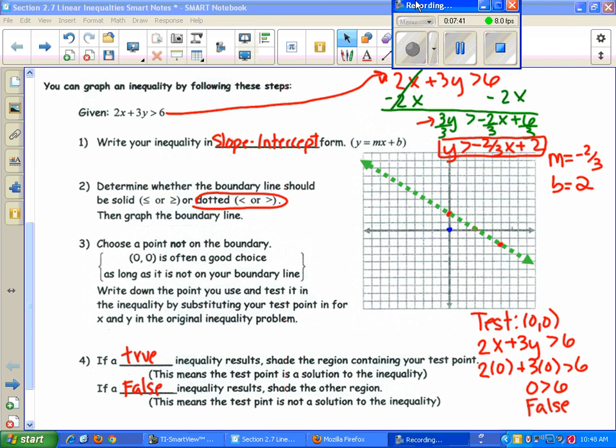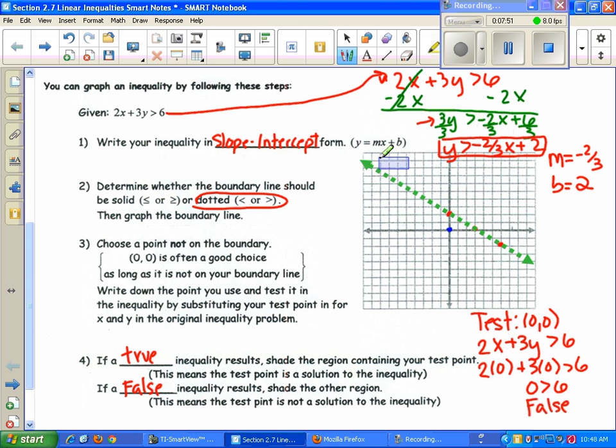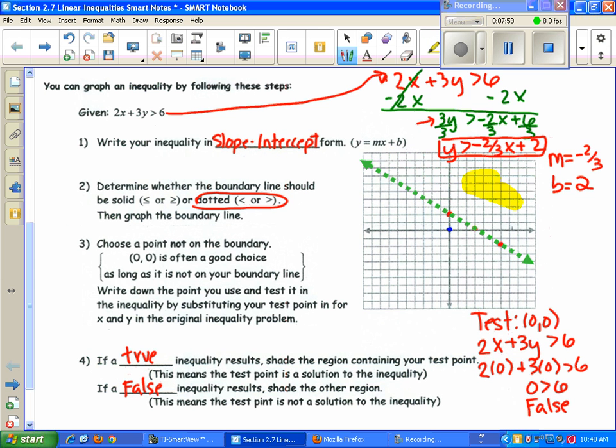So I'm going to get my highlighter, is what I usually recommend to help you shade your region, because that way if you make a mistake, you can go over it with a pencil and shade a different region if you need to.